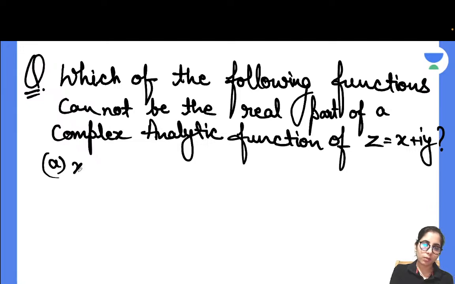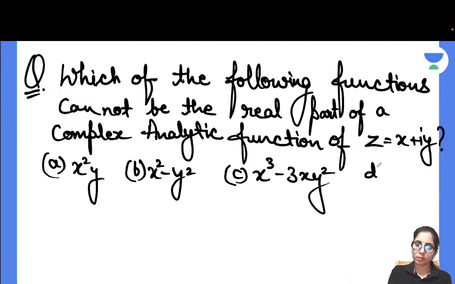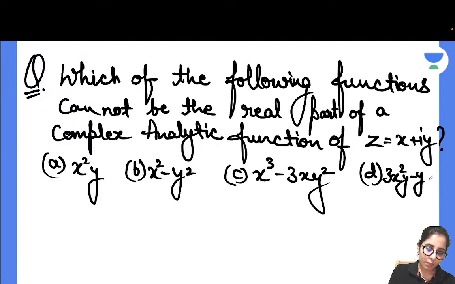Options are: x square y; x square minus y square; next, x cube minus 3xy square; and 3x square y minus y cube. Try it now and let me know whichever is the right answer according to you guys.